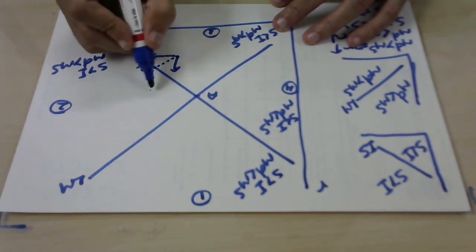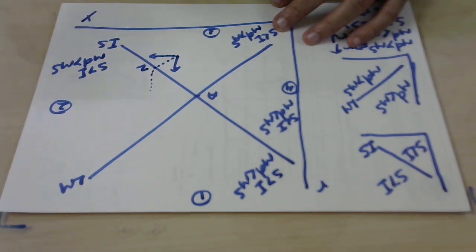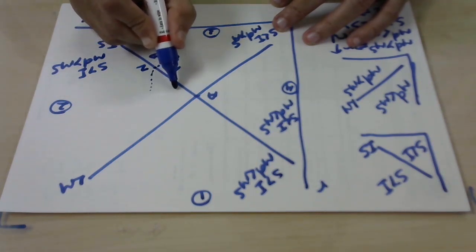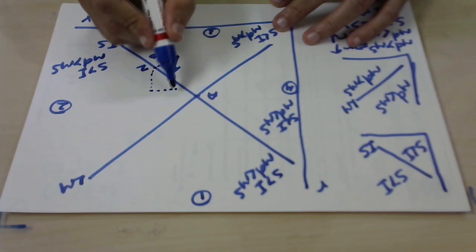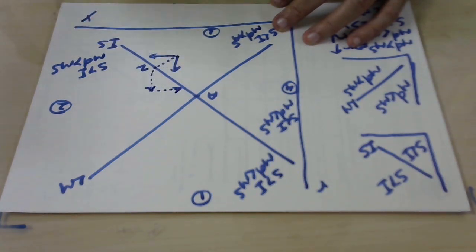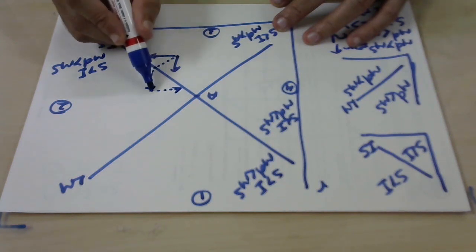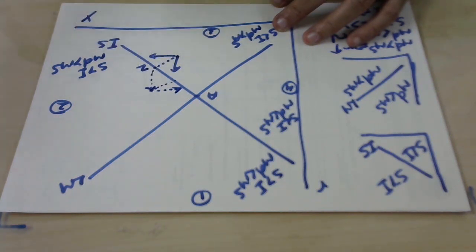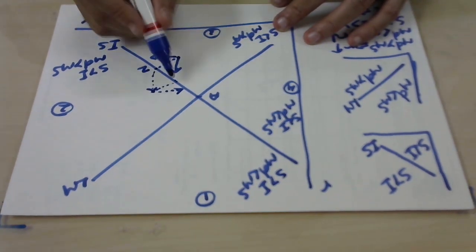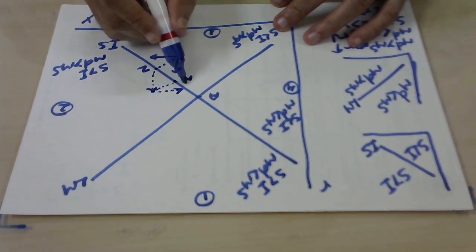But because you are in this quadrant, saving is now less than investment, so output will have a tendency to go down. So maybe you will come to say point N.